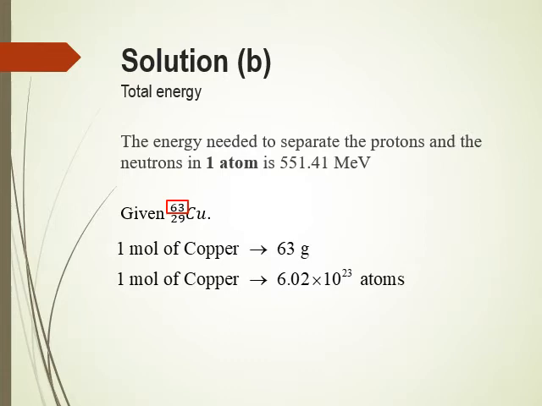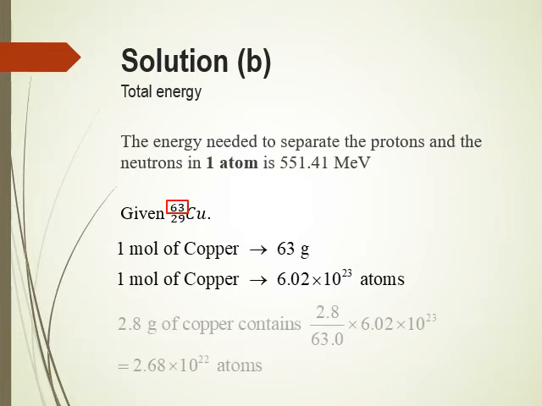By using these two pieces of information, we can determine how many atoms 2.8 grams of copper contains. By using the ratio method that I showed you in the class, you can obtain that 2.8 grams of copper contains 2.68 times 10 to the power of 22 atoms.